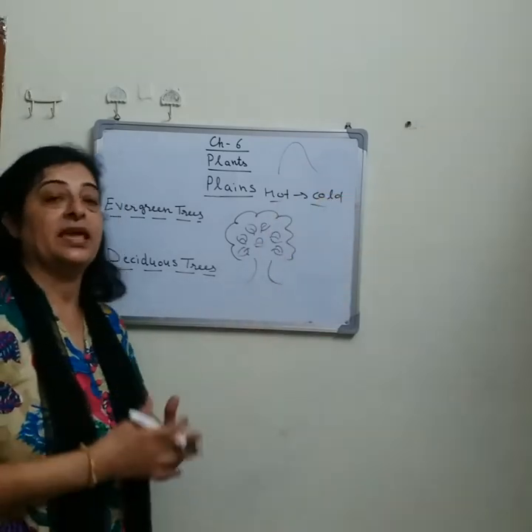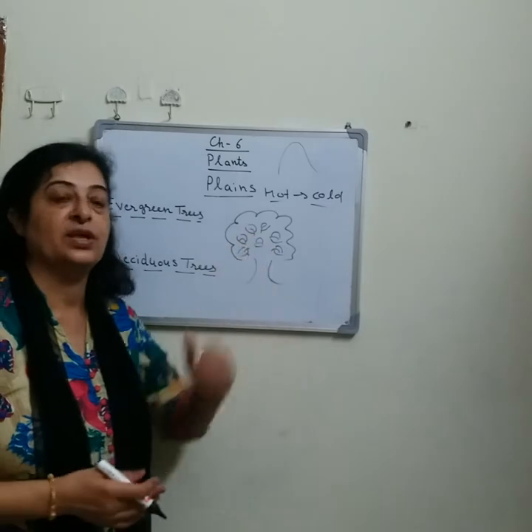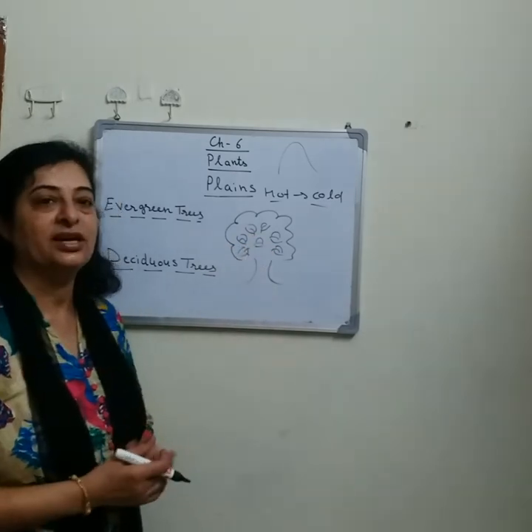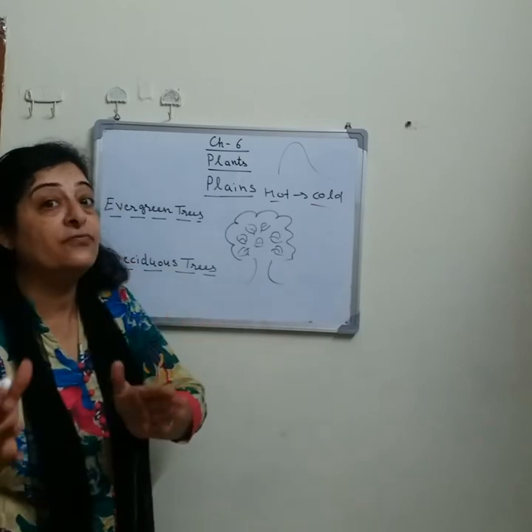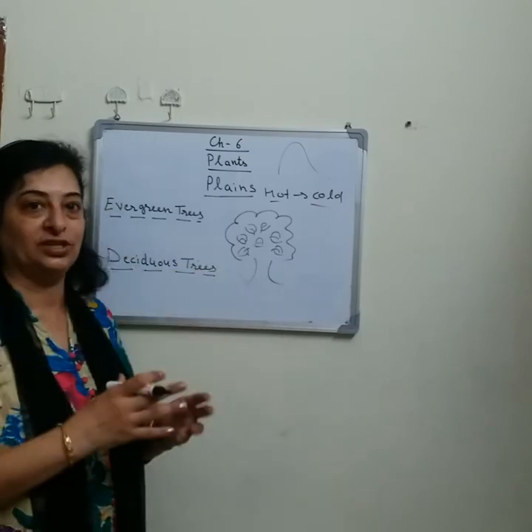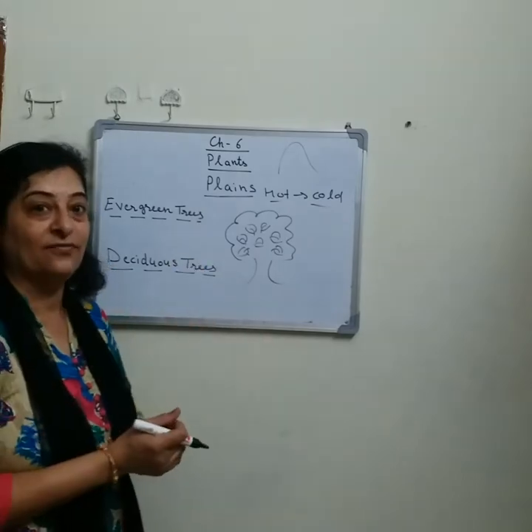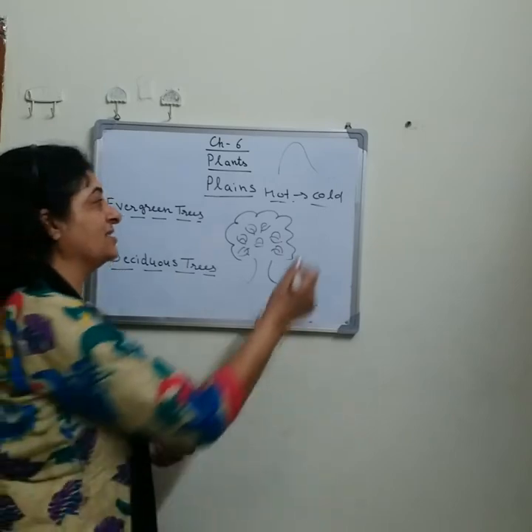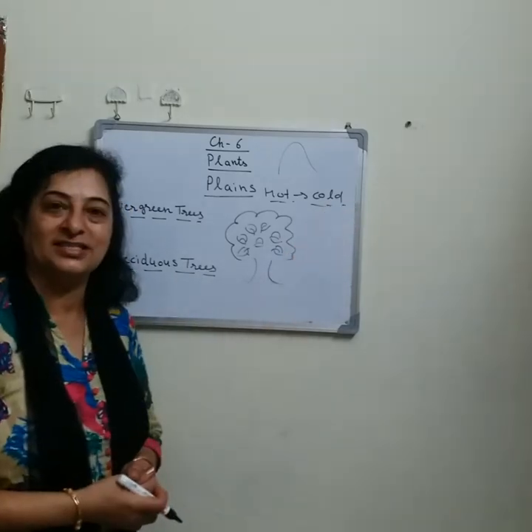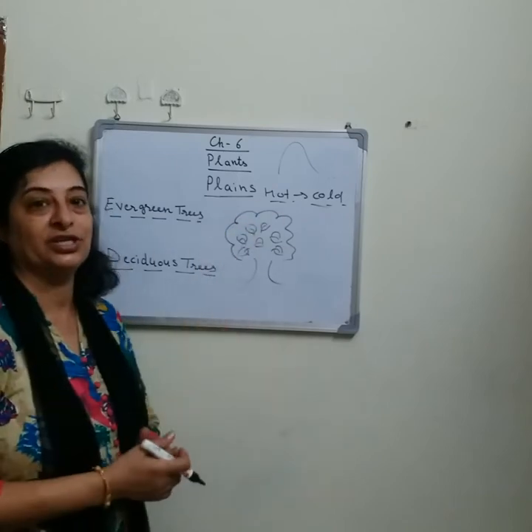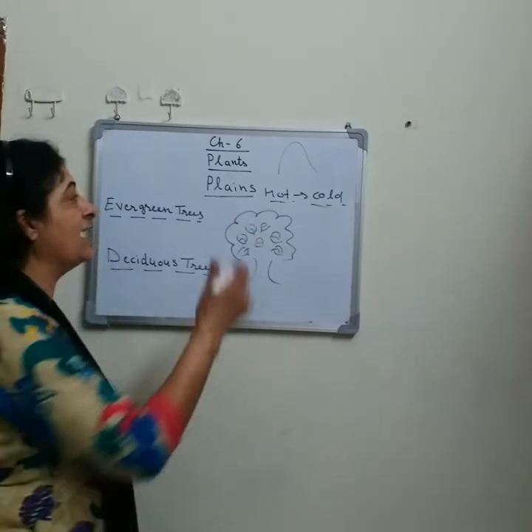In some plain areas there is a high temperature and in some plain areas there is a cold temperature, and in each and every habitat plants have some special features which help them to survive in extreme hot conditions or in extreme cold conditions.